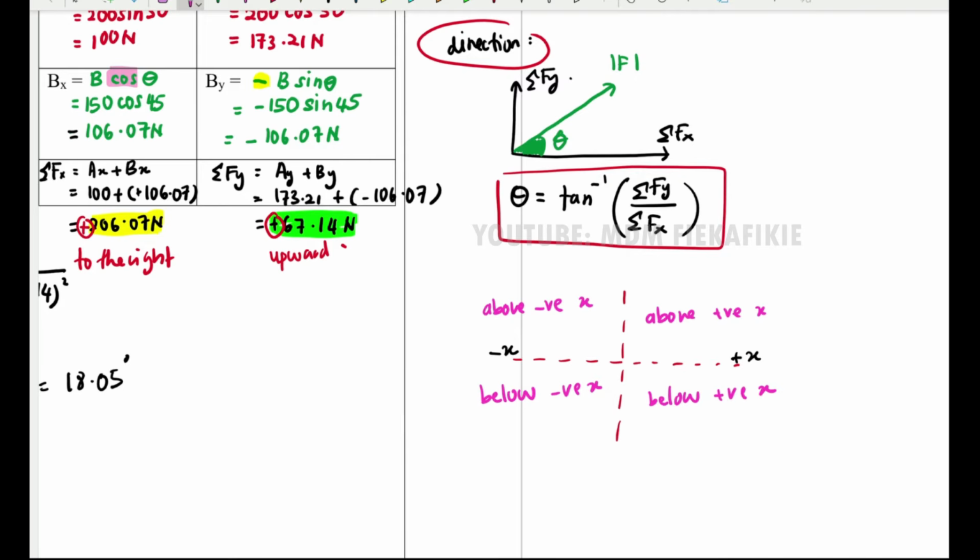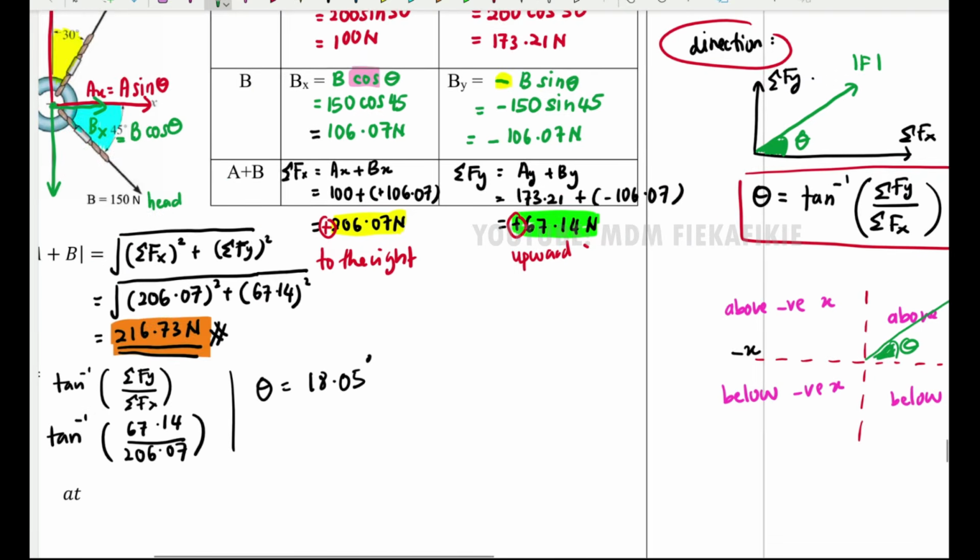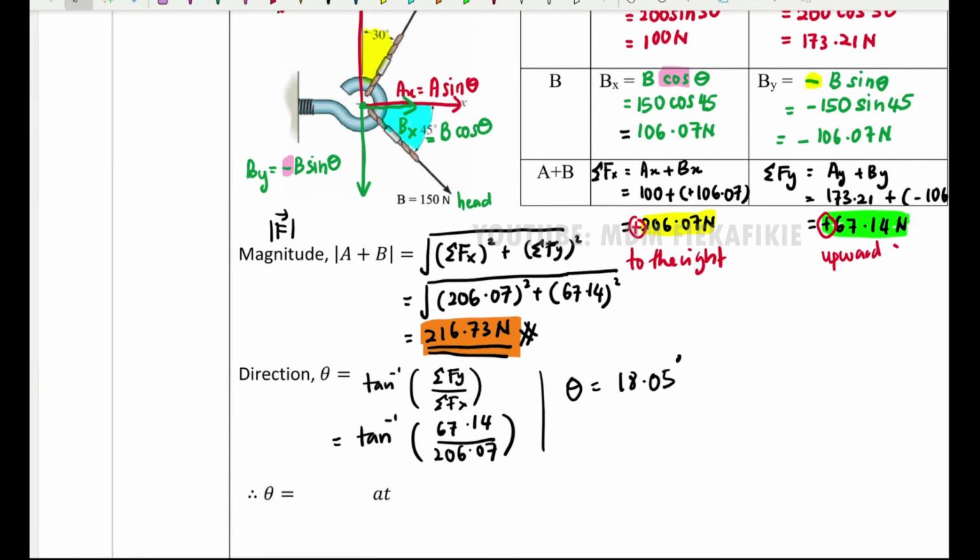Jadi kalau you berada pada kuadran yang pertama ini tadi, force dekat sini, dia adalah above positive X. So, this is theta, right? So, above positive x-axis. Kita boleh tulis the angle is 18.05 degree above positive x-axis, ataupun kita boleh kata, at first quadrant.